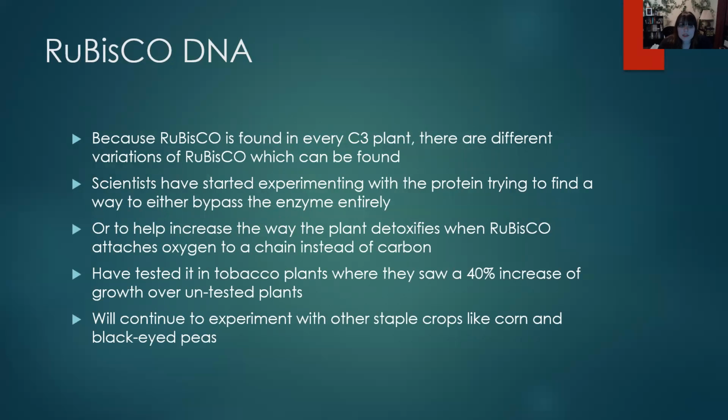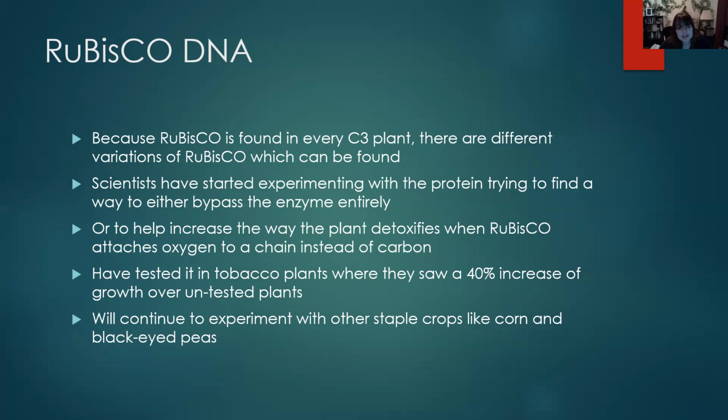So because Rubisco is found in every C3 plant because of photosynthesis, there are some different variations of Rubisco which can be found. So scientists have started experimenting with this protein to find a way to bypass the enzyme entirely, or to help the plant detoxify whenever Rubisco makes the mistake of attaching an oxygen to the sugar chain instead of the carbon.